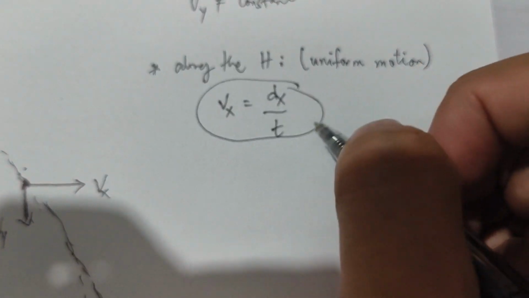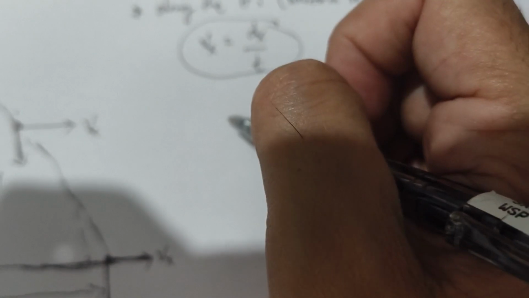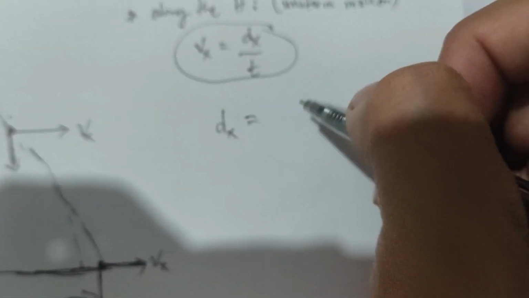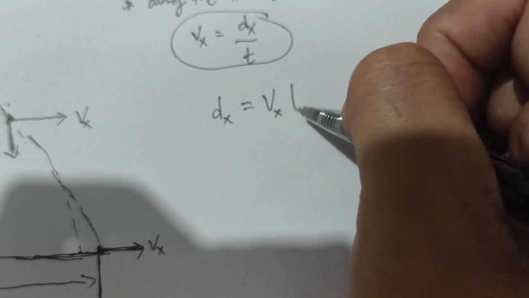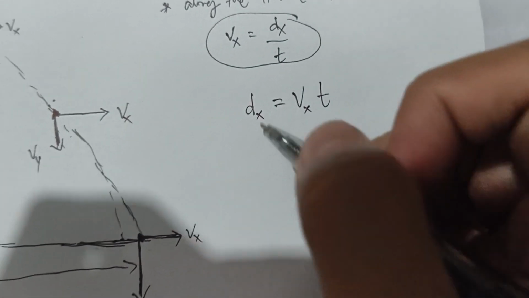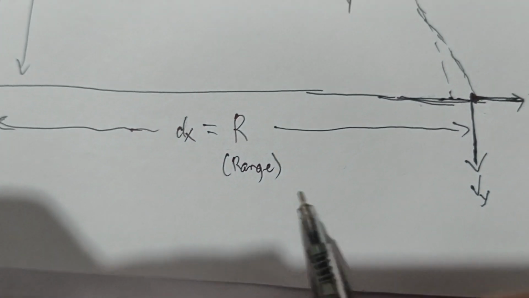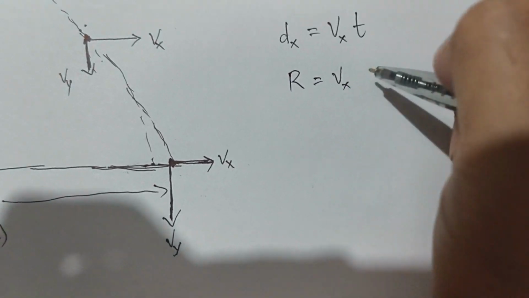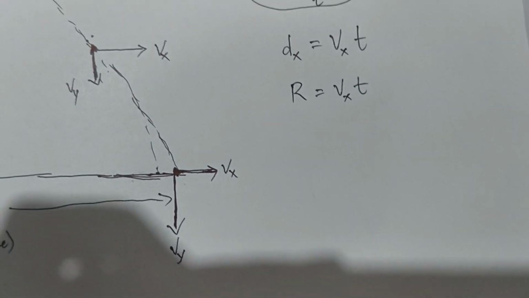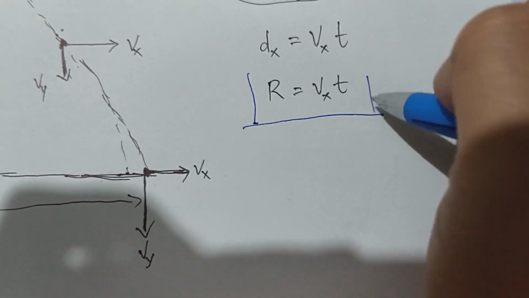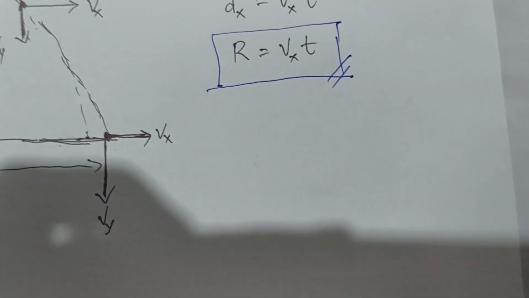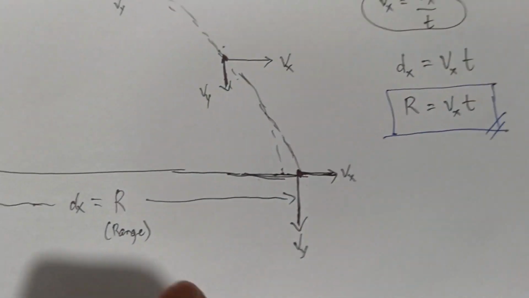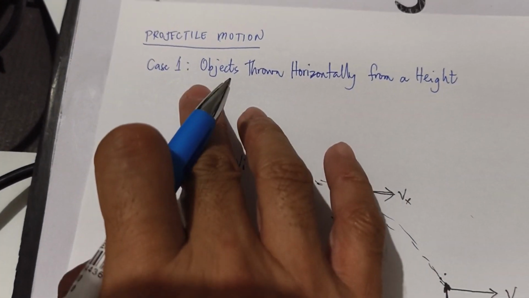Now, from this equation, we can compute for the horizontal distance. So manipulating this equation, we have Vx times t. And since dx is equal to range, we can rewrite this as range is equal to Vx times t. So this is our equation in order to solve the horizontal distance covered of a projectile in case 1.